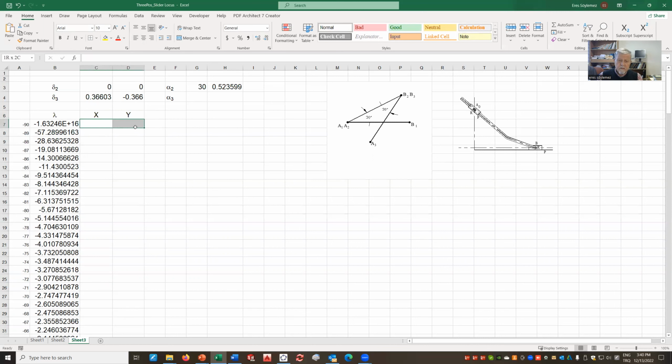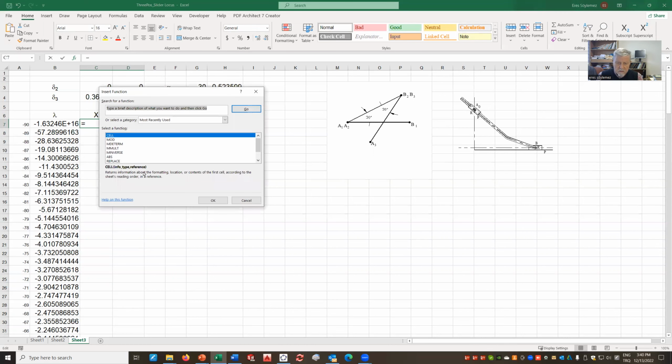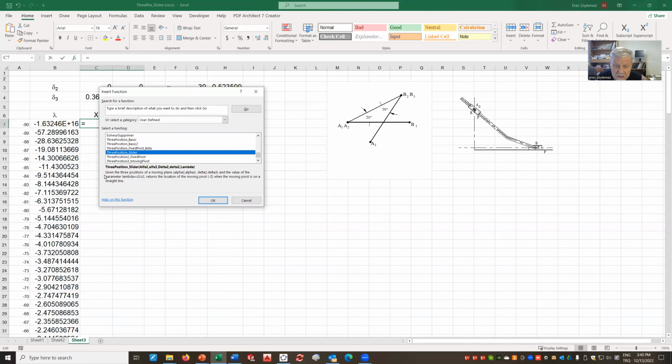All I have to do is mark these two cells, function, user-defined, go to the three-position slider. As it explains, given the three positions of a moving body, alpha 2, alpha 3, delta 2, delta 3, and the value of the parameter lambda, which is equal to S3 over S2, it returns the location of the moving pivot minus Z when the moving pivot is on a straight line. I think it is quite explanatory.